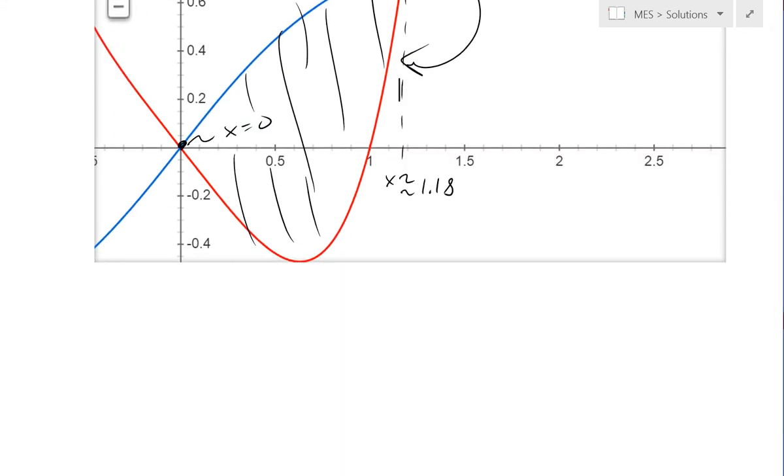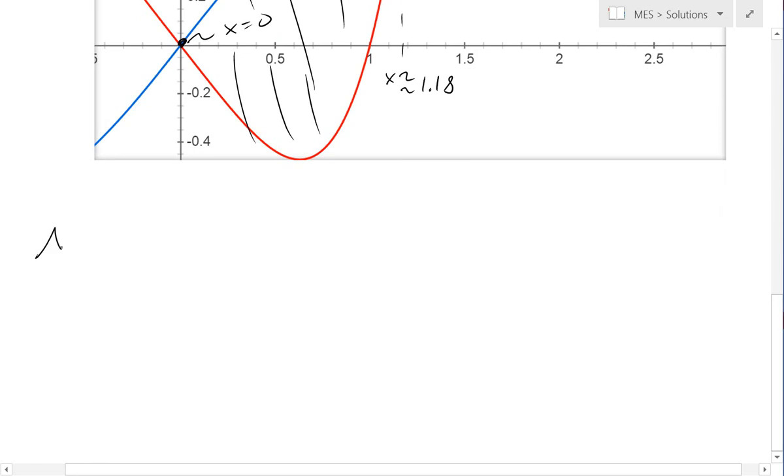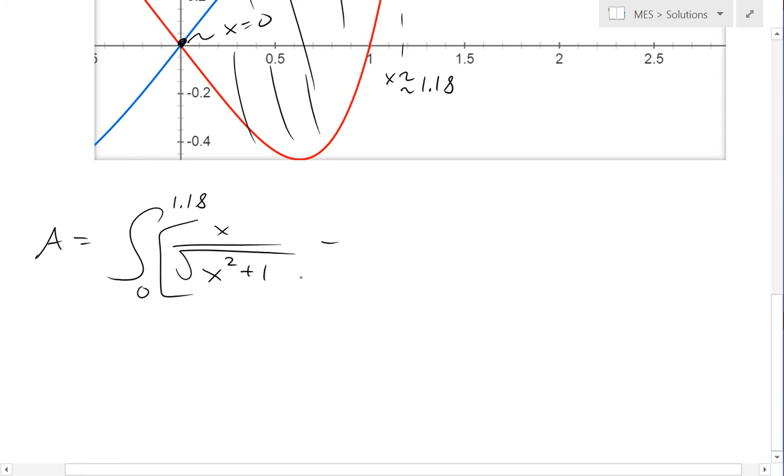Now if you were to set up the integral, it would be the integral from 0 to roughly 1.18 of the top function, x divided by square root of x squared plus 1, minus, all in one integral, x to the power of 4 minus x, and then dx.